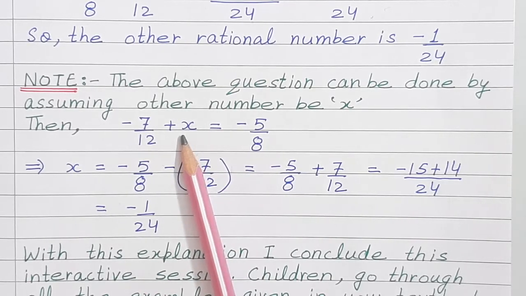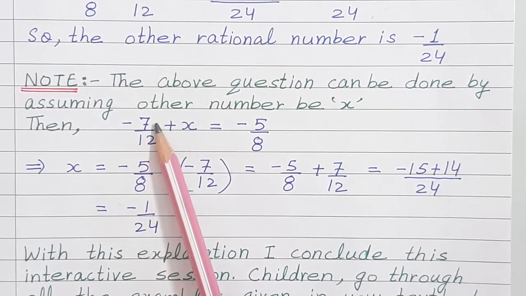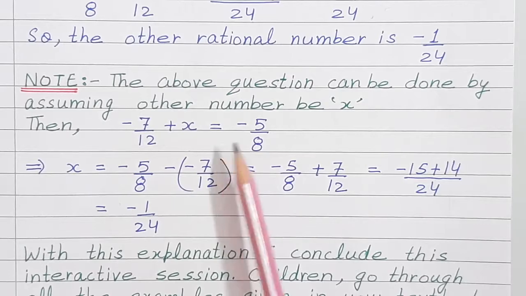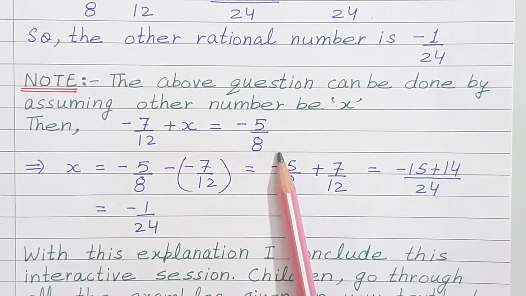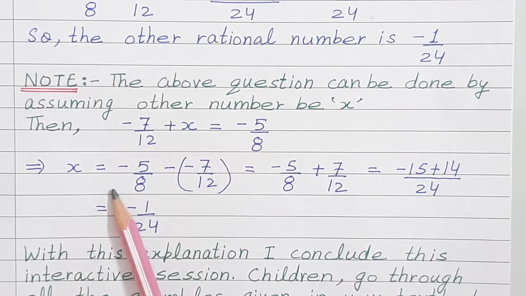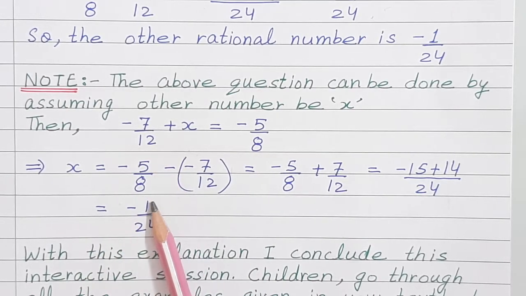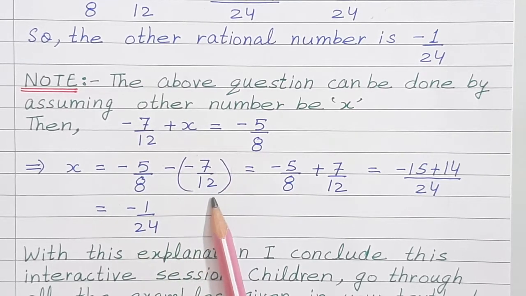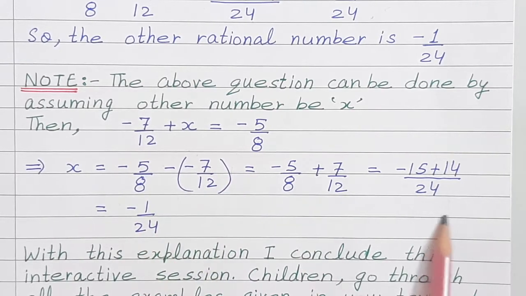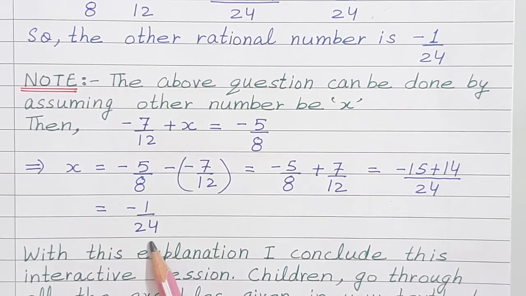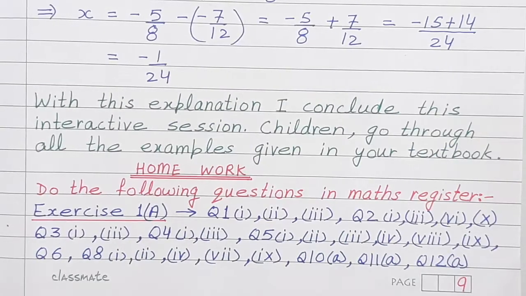In that case, minus 7 upon 12 plus x is equal to minus 5 upon 8. So x is equal to minus 5 upon 8 minus of minus 7 upon 12. Again, the calculation will become the same as we have done in the previous method. So the answer is minus 1 upon 24.